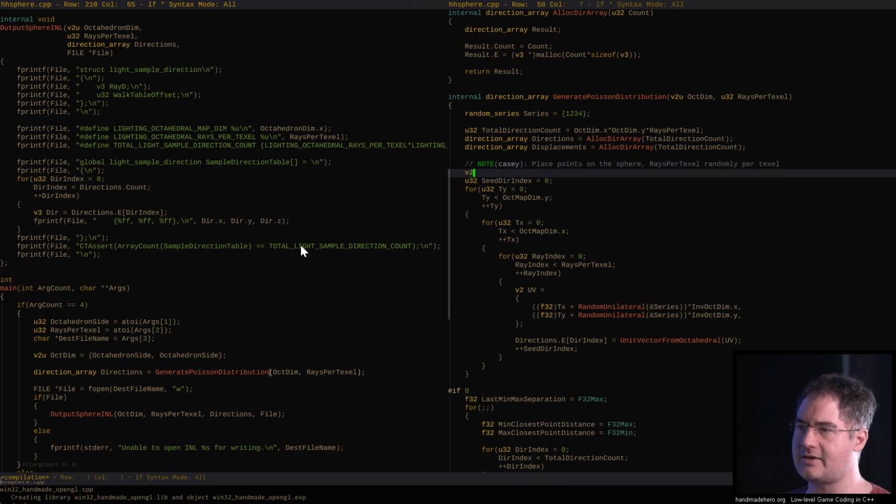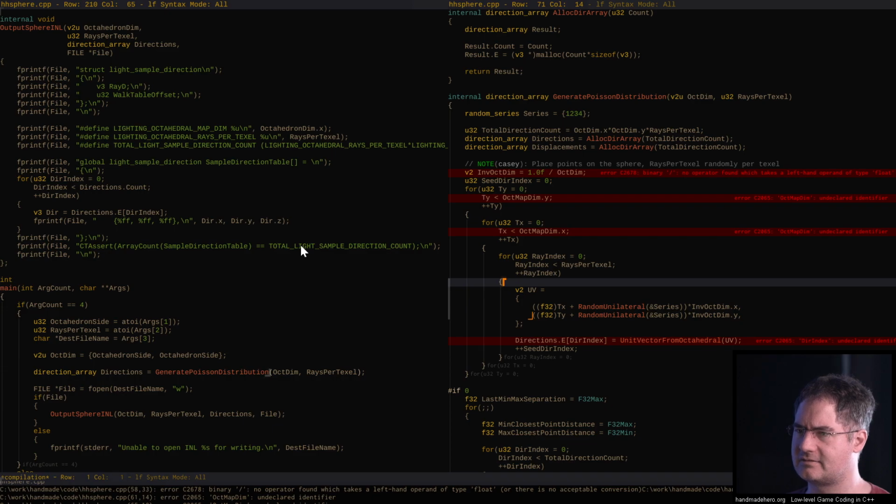So we would have an inv octdim, which is 1 over the octdim. And that way it steps through correctly, and is that it?